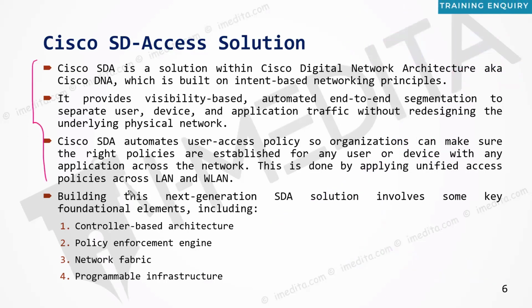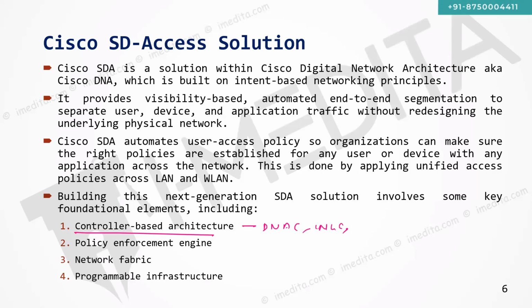As far as the components are concerned, what things do we require to build an SDA solution? Building this next generation SDA solution involves some key foundation elements, some key components, and a controller-based architecture. We know that we will require some controllers, such as DNS center and wireless LAN controller. If we are going to manage the access points from one centralized point, then we also need the WLC. DNS center will not act as the WLC.